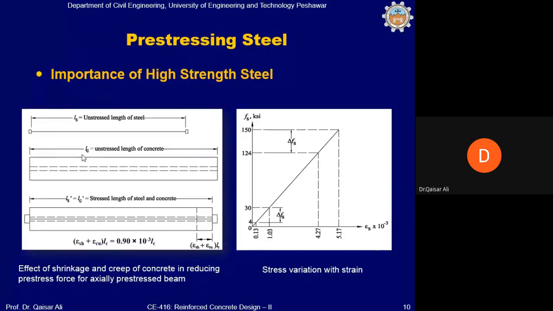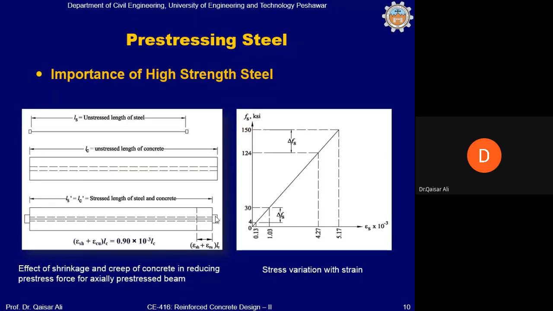Okay, now let's say we have a steel bar equal to LS, and what we do is that we keep this bar in the form work before concrete is poured, and we stretch this bar up to a certain strain, but mind that this strain shall not be more than the yield strain. Because if it is more than the yield strain or even closer to the yield strain, then the steel will permanently set, and it will not be possible for the steel to regain its original length.